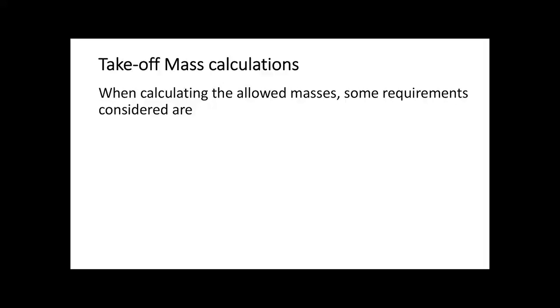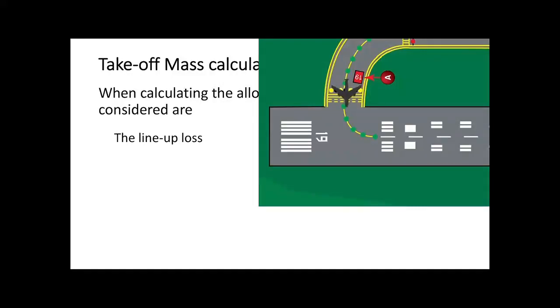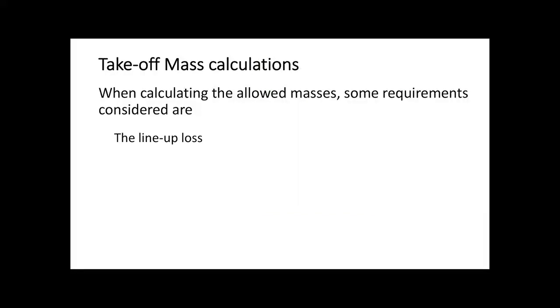When we are calculating the allowed masses, some of the requirements we consider are the lineup loss. Now this usually is accounted for in the tables given to you by the airline. However, it's always good to line up as early as possible to have additional distance available for your accelerate and stop.